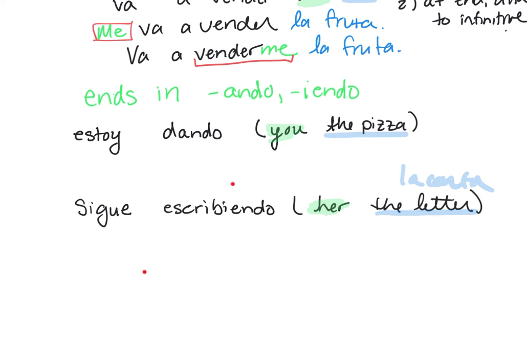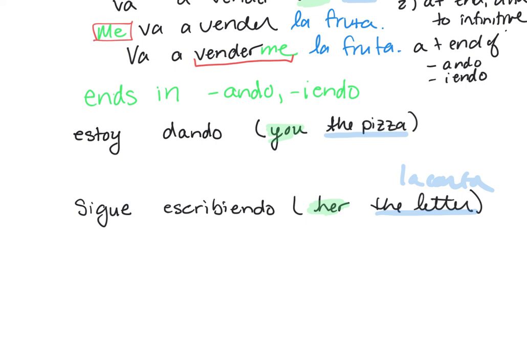These have those same two options. Before the helping verb or after everything. So same as our thing here, except instead of at the end of the infinitive, it's going to be at the end of the ando or yendo. Those are called the present participles. Okay. So let's look at that both ways.